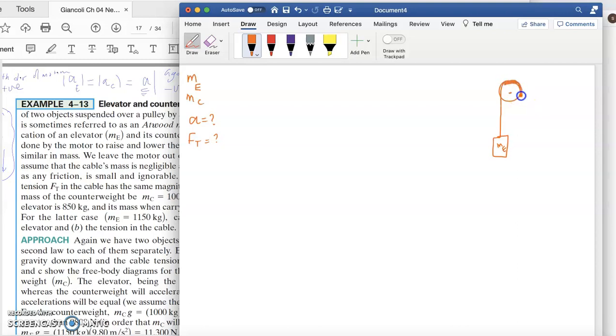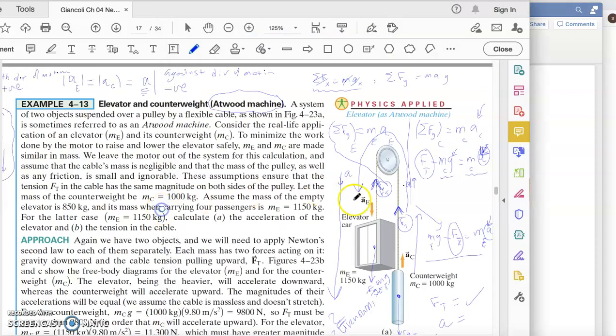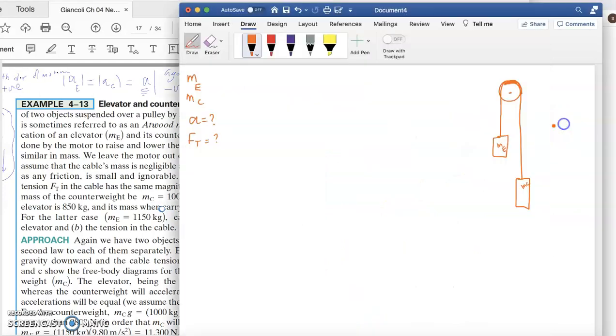This is the counterweight, so this is MC, and these are the only two things which are known. This is the direction of motion at this moment: the counterweight is going up and the elevator is going down.